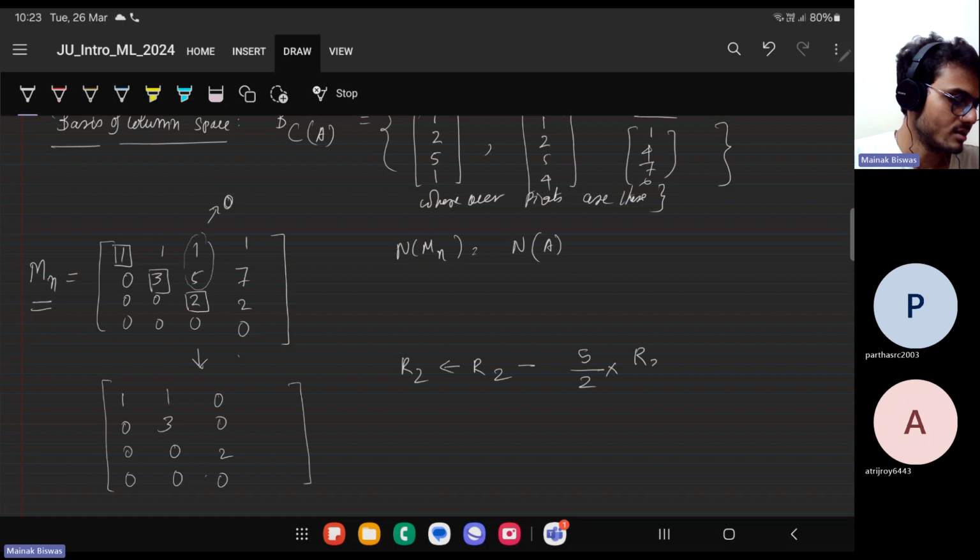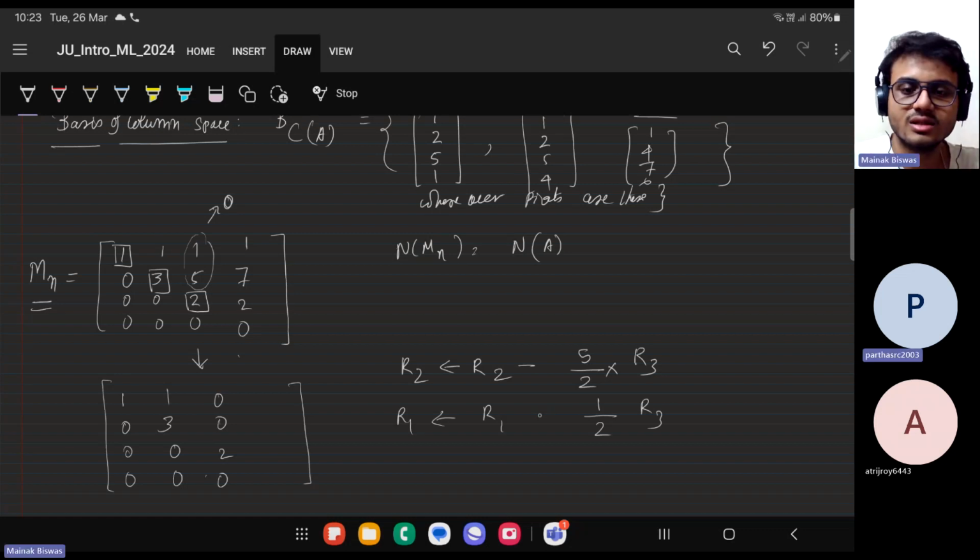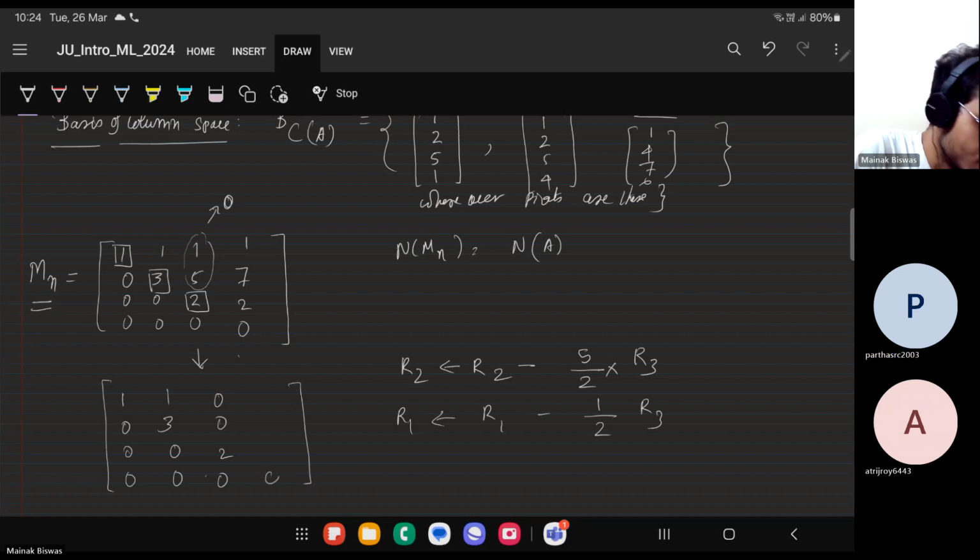This is what I'm doing. Yes or no? And I'm doing R1 as R1 minus 1 by 2 times R3. Yes or no? I will put everything above the diagonal also 0.